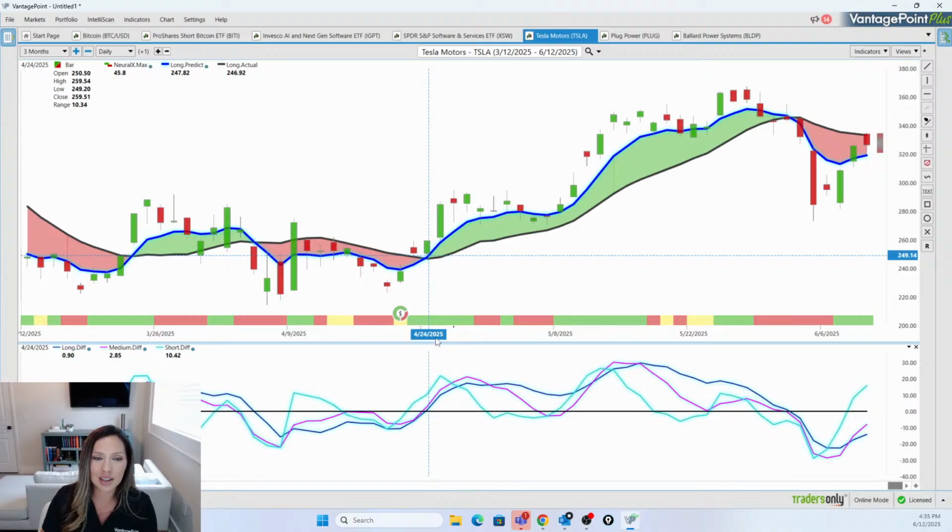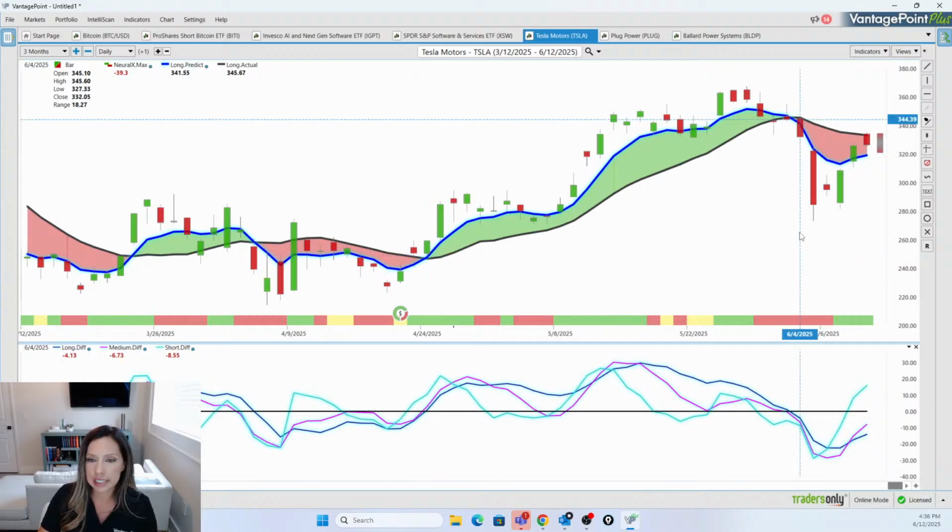So with Tesla, we can see crossover here on 4/24 with our confirmation of the bullish predictive differences. And then, of course, crossover to the downside on 6/4 with the bearish predictive differences signaling some weakness here within that bullish trend, or strength to the downside, however you want to look at that.